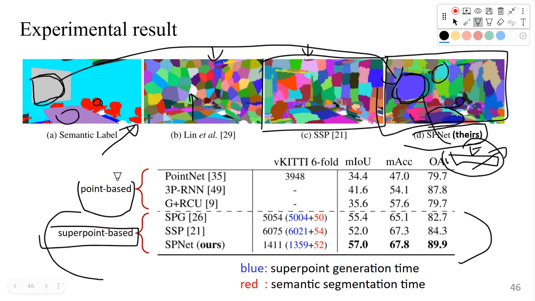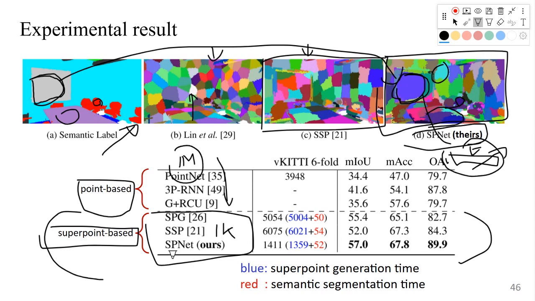And in the upper numbers here, they use the original point based semantic segmentation. Again, if we have like 1 million points, they will split into smaller sets, and then they will predict for every point. In the superpoint case, we predict for every superpoint instead of every point, for example like 1K, which is much lower than 1 million.